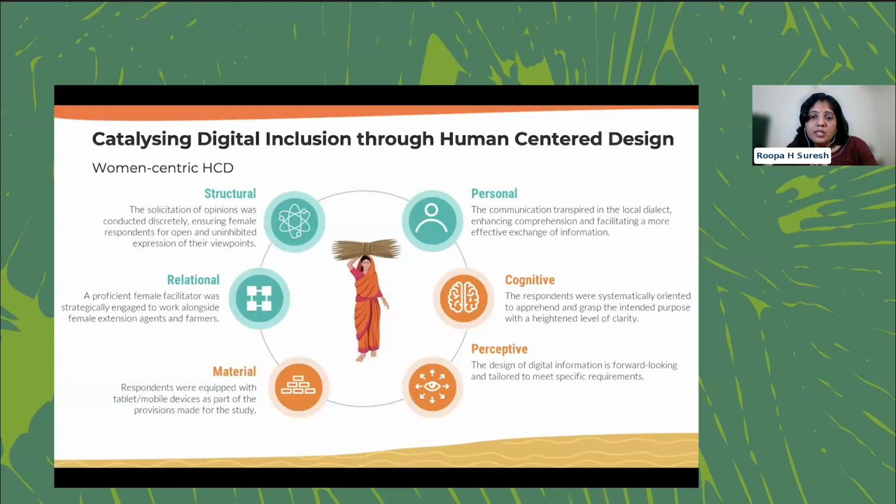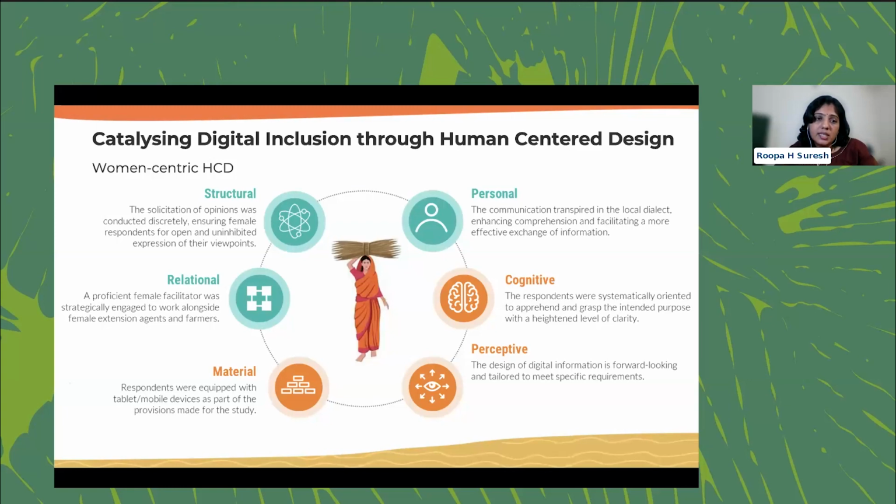Then it also depends on who is interacting with the female farmer. If, say, a man is interacting with a female farmer, there might be a bit of hesitance when we consider socio-cultural norms in a country like India. So she might be a bit hesitant to express what she feels.